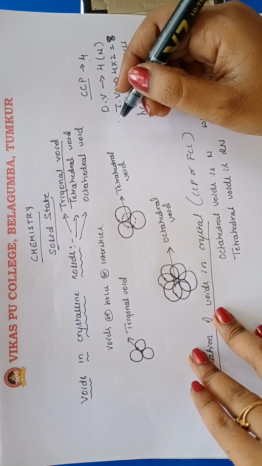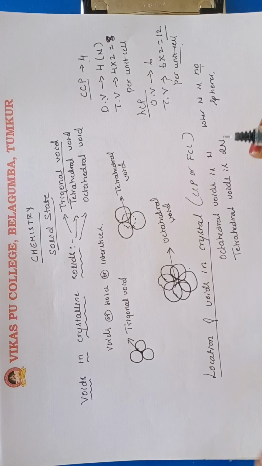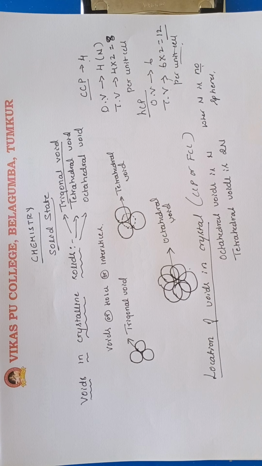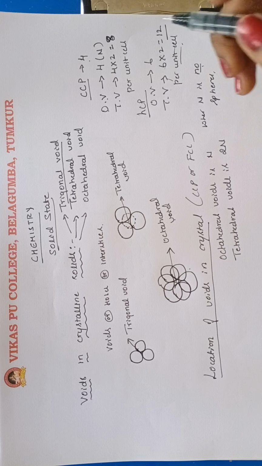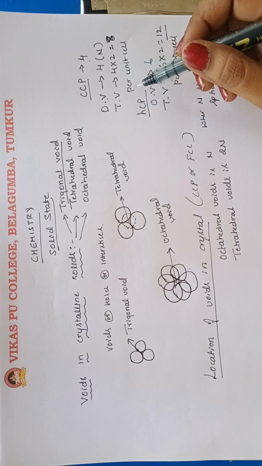This is about the location of voids in a crystal: if n is the number of spheres, octahedral voids are n and tetrahedral voids are 2n. Like this we can calculate the total number of octahedral and tetrahedral voids present in the crystal.